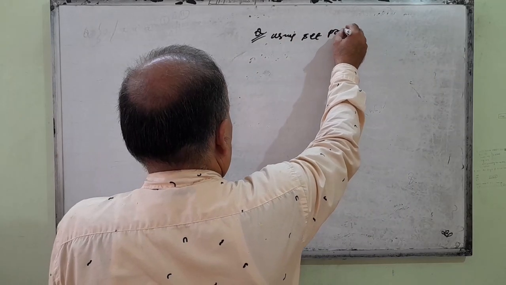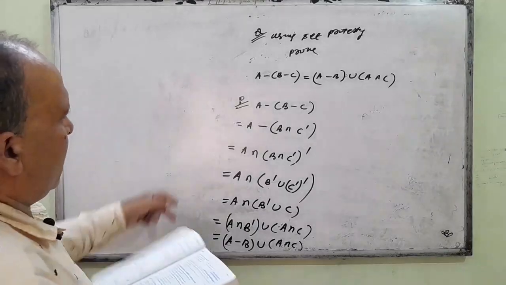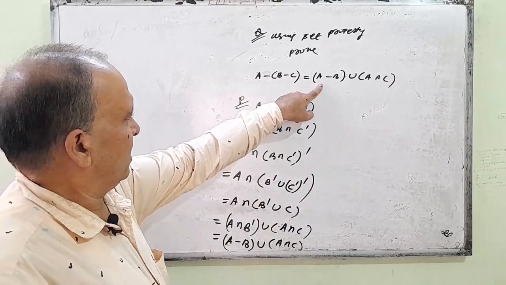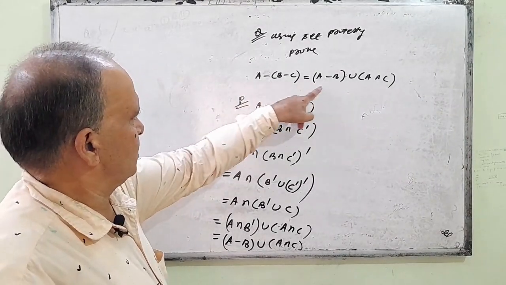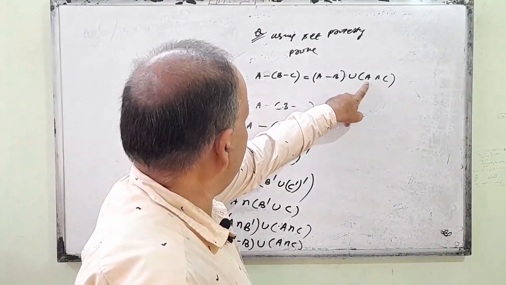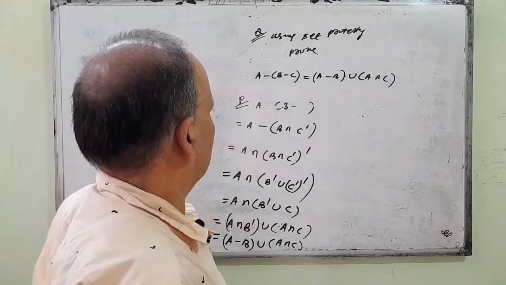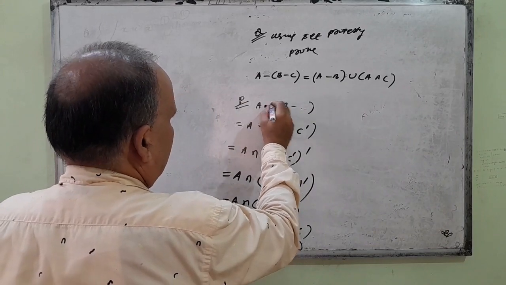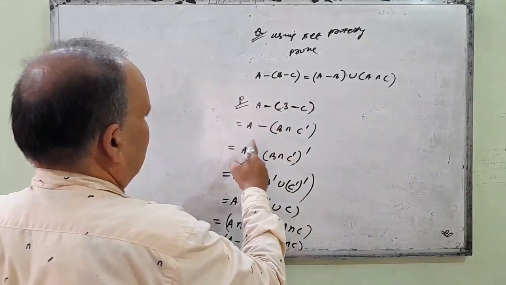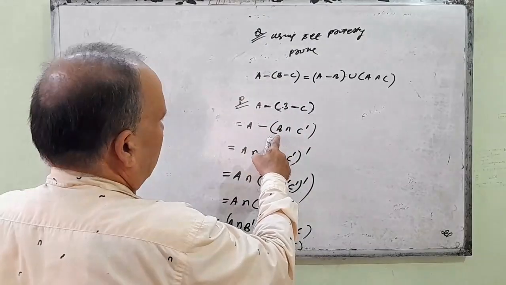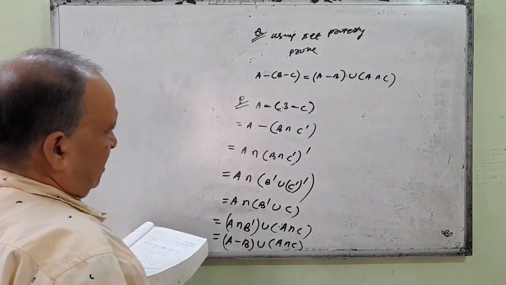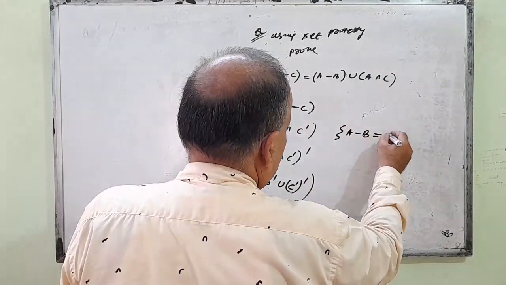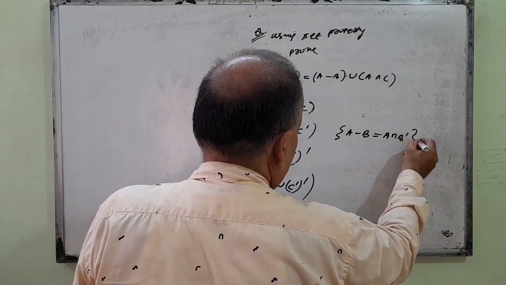Using set property, prove A minus B minus C is equal to A minus B union A intersection C. You write like this, let you know A minus B minus C, you write A minus B intersection C dash, because A minus B is equal to A intersection B dash.